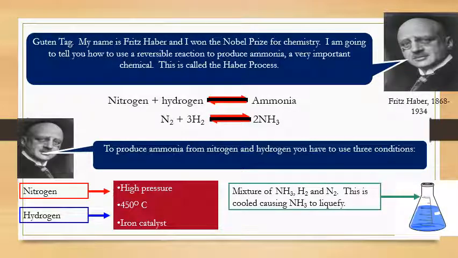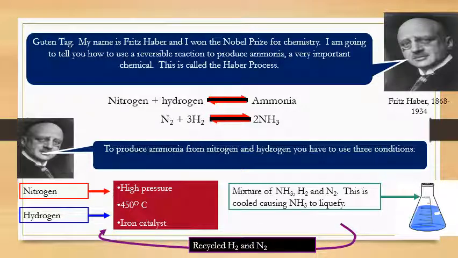And a mixture of ammonia, hydrogen, and nitrogen is formed, but this is cooled, causing the ammonia to liquefy, and because of that, you're basically again pushing it to the right because you're removing a product. And the hydrogen and nitrogen gases are then recycled back into the system to be used again.